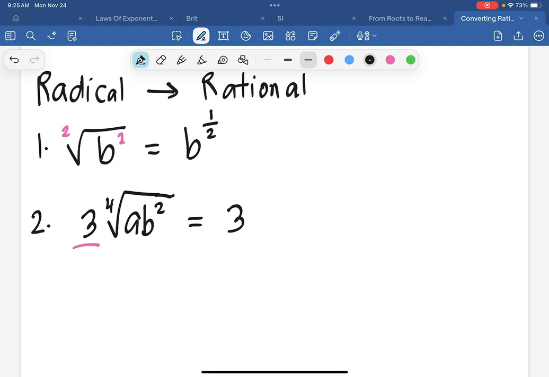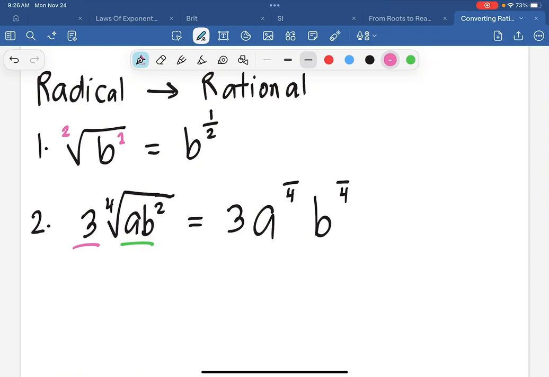And as you can see here, both a and b have an index of 4. So if we are to write this separately, we have a, and then the denominator would be 4, and then b, the denominator would be 4 as well.